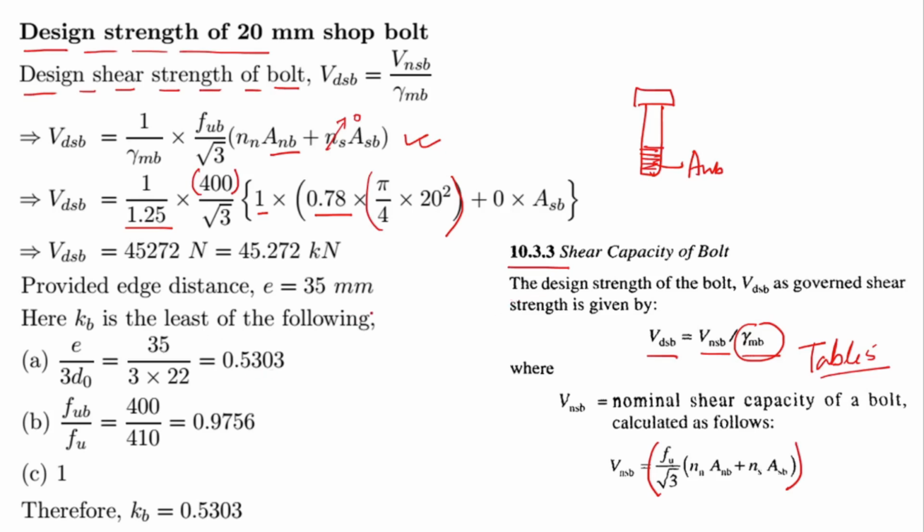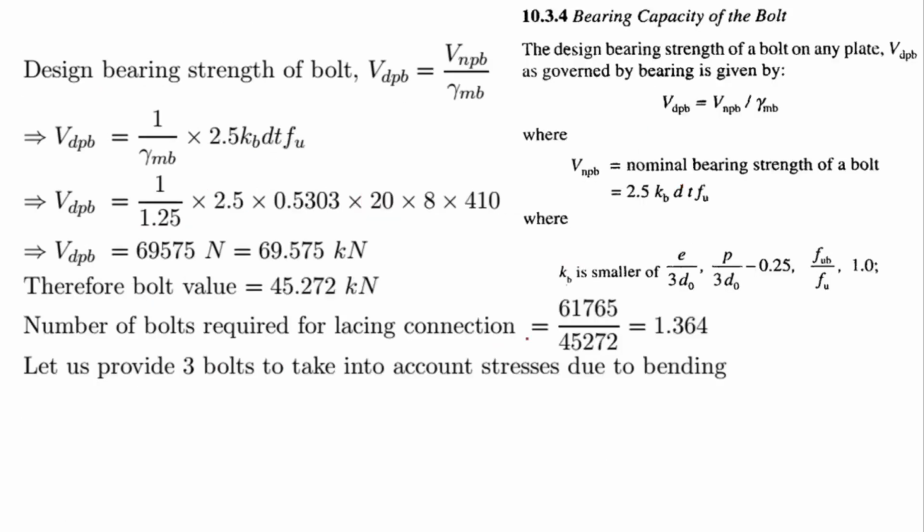So after the calculation, the design shear strength of the bolt is calculated as 45.272 kilonewton. Next, here we have provided edge distance E equal to 35 mm. Here Kb is the least of the following. If you see clause number 10.3.4, Kb is the smaller of these 4 values.